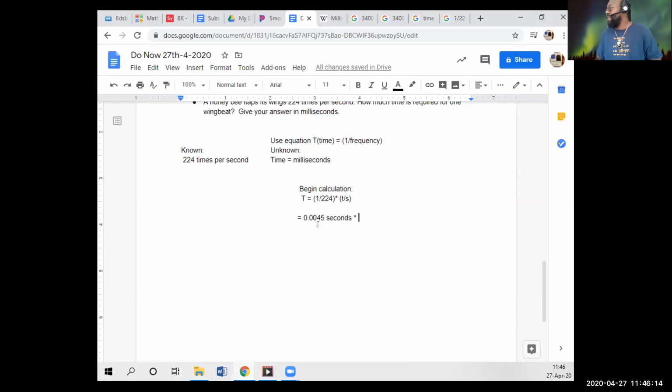So we have this, and we want to convert it to milliseconds. So we need to come down one and then make a division bar, because this is just like putting it over 1. And then next you need something to compare it by or make it cancel out the seconds.